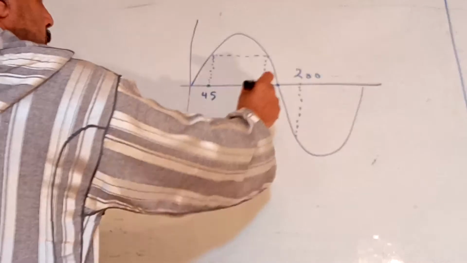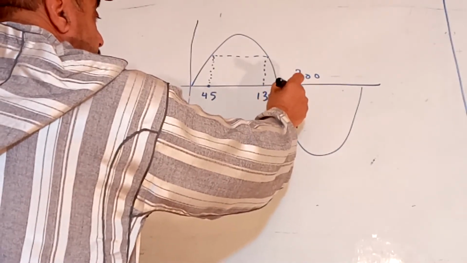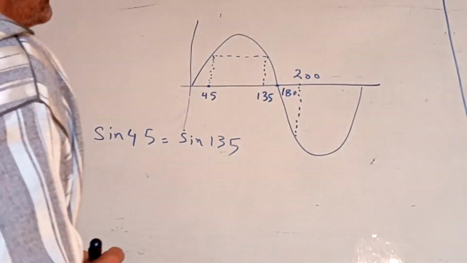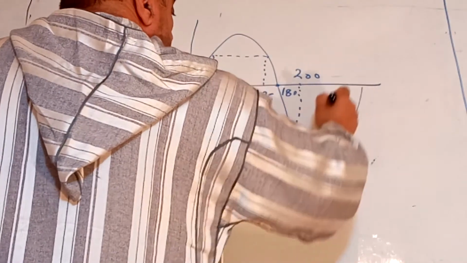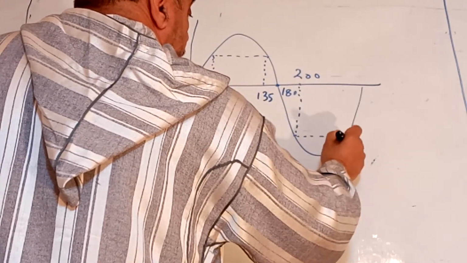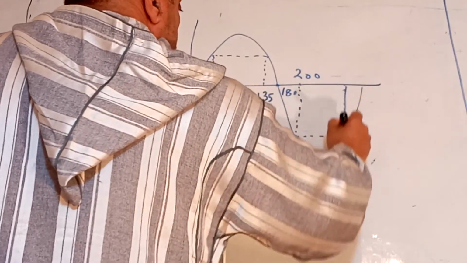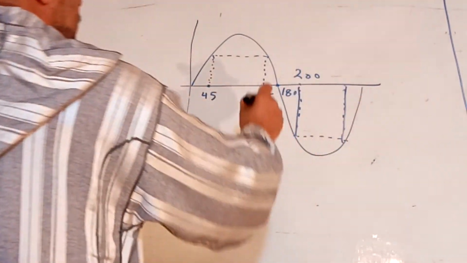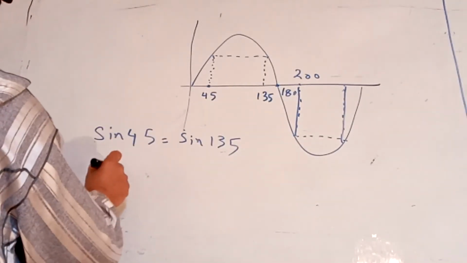This is 20, this is 180. So if this is similar to this one, look here, this is sine 200.